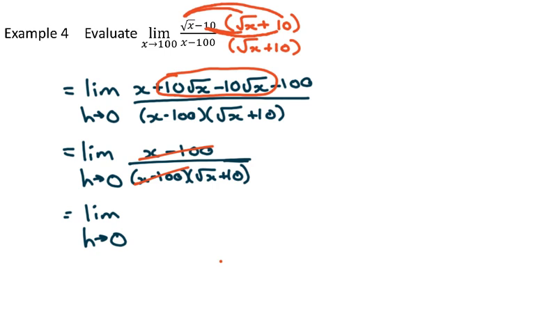Now, do not forget, this is still a fraction. When we cancel, things cancel to a 1. So this is 1 over the square root of x plus 10. And I need to apologize. I have been putting limit h approaches 0 on every single one of these. This should actually be limit x approaches 100.